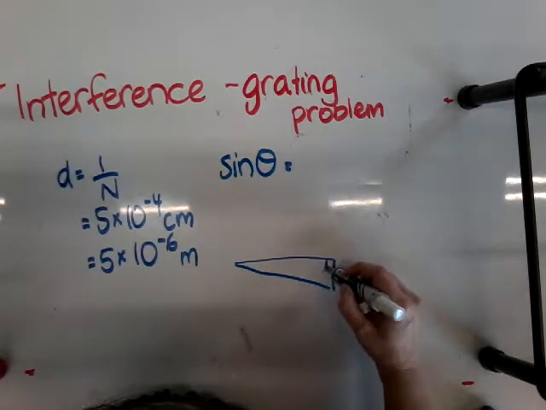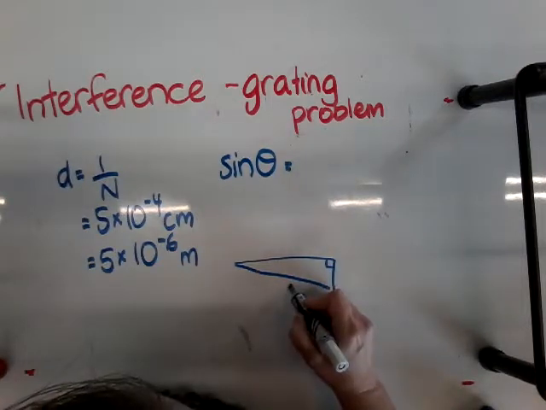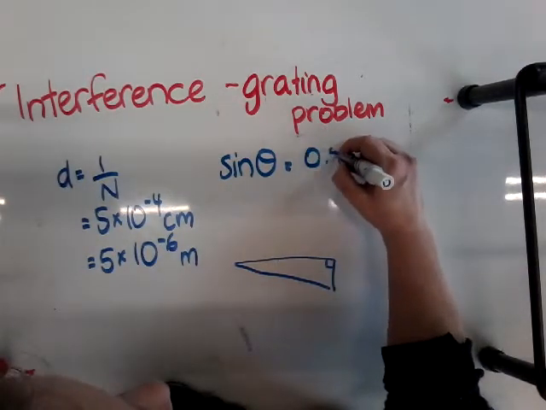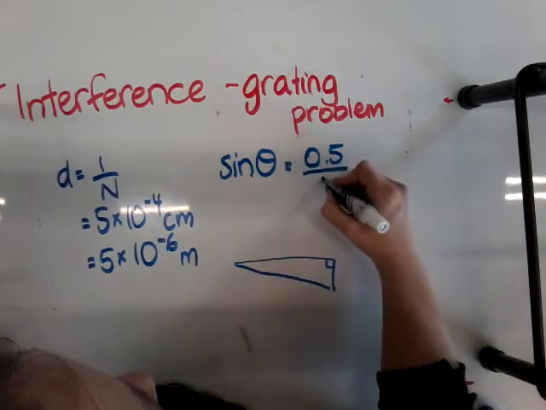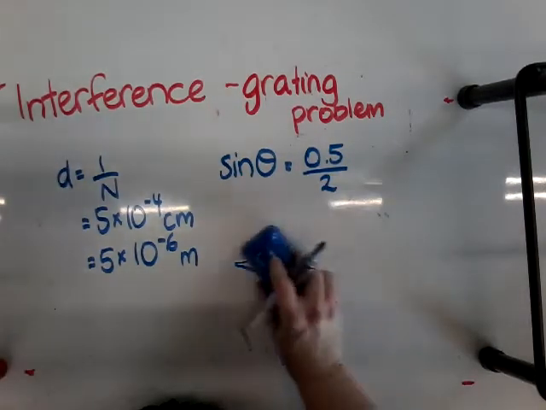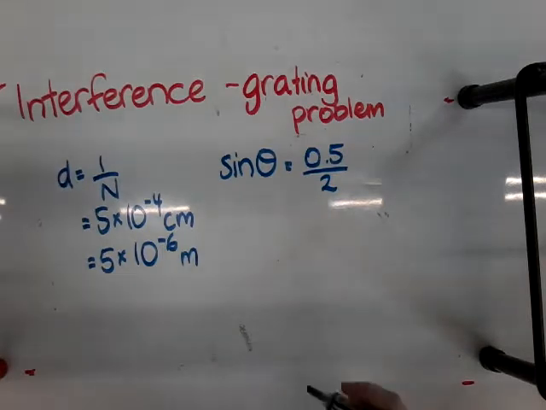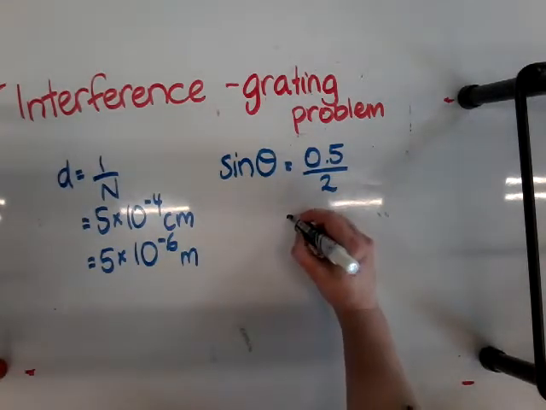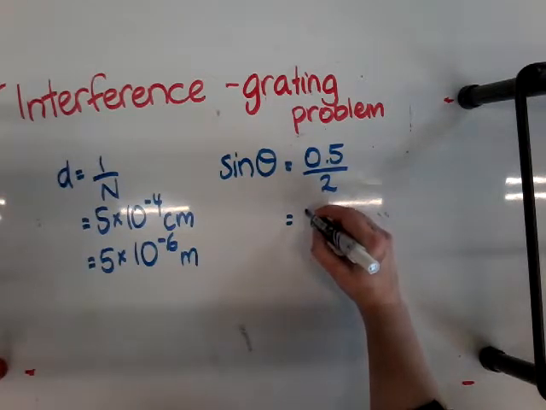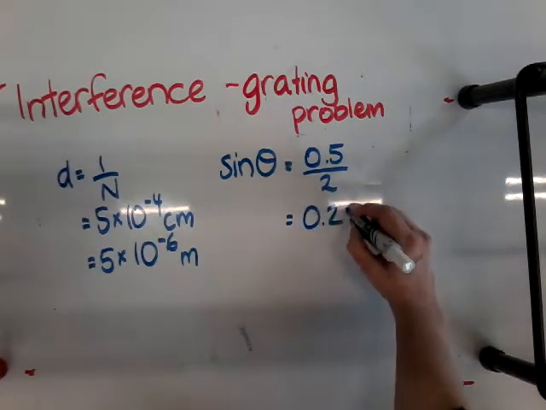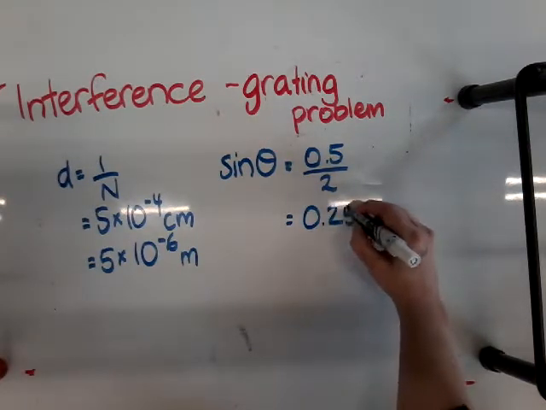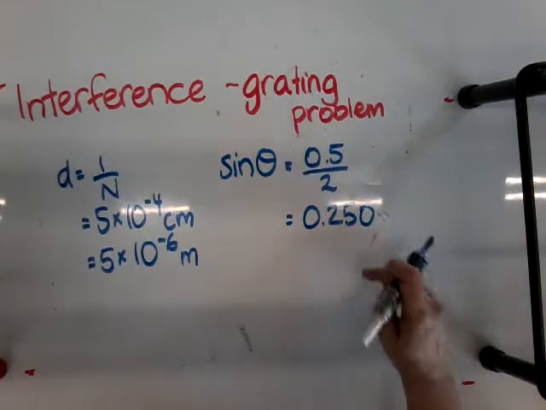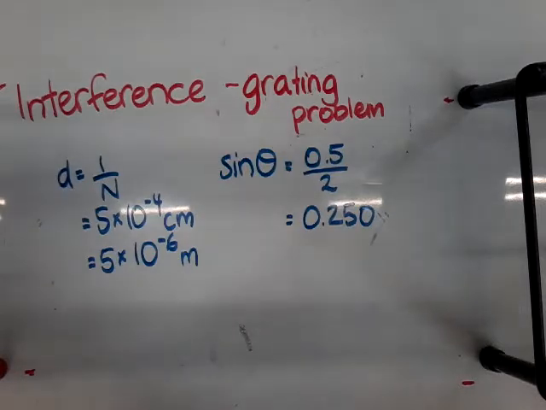We know this is a right angle, we know this is 0.5, we know this is 2, so obviously it's going to be opposite over hypotenuse, and we're going to leave the sine in there because otherwise we just have to do it again. It works out to be 0.250. Okay, so far so good. So we've got those things.